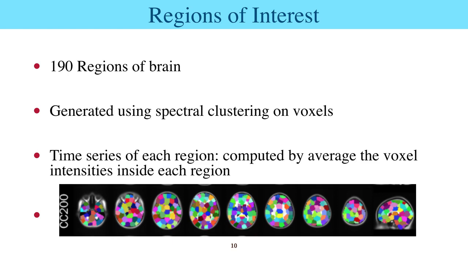They applied a clustering algorithm on the voxels and put all the voxels which are functionally very similar to each other in the same groups or the same regions, and then they took the average of the time series of all voxels in the same region as the time series of that region. So instead of working with thousands of voxels, now we have 119 regions, and for each region we have a time series, and this is the data that we use for our method.